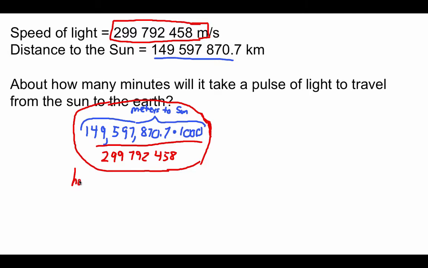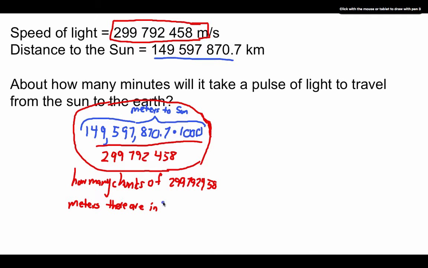This represents how many chunks of 299,792,458 meters there are in 149,597,870.7 meters, right? Okay. Now, if that's how many chunks there are, well then how long will it take it to go this far?